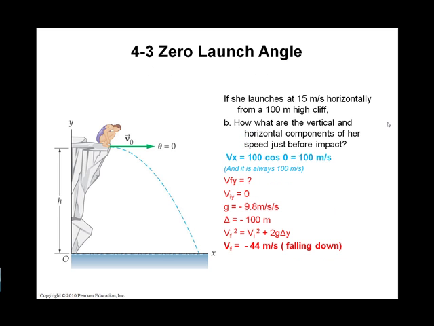What if we want to know the components of her speed just before impact? Well, we know that she launched horizontally, so to start with, she has an initial speed which is equal to her Vx.